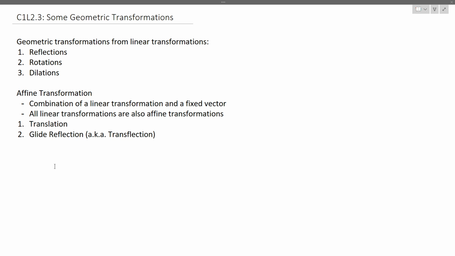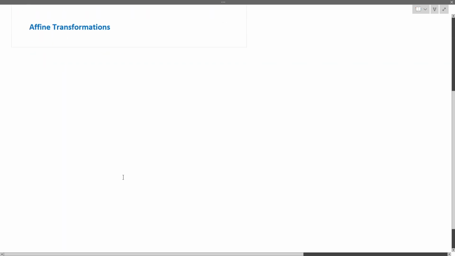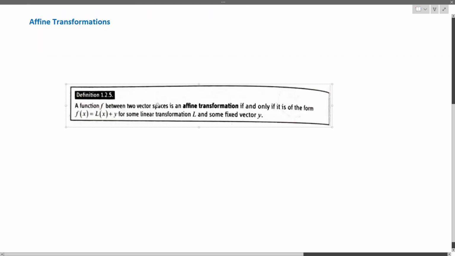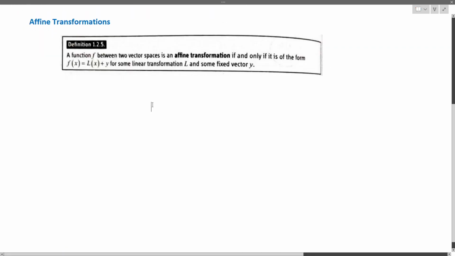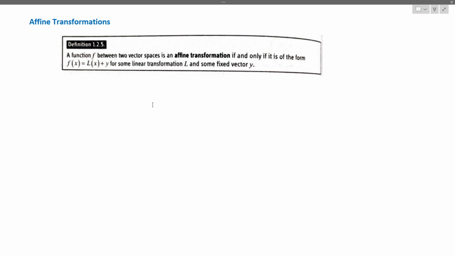And then for its formal definition, an affine transformation can be formally defined as a function between two vector spaces that takes the form f of x is equal to L of x plus y, for some linear transformation L and some fixed vector y. For example, let's have vector b equal to (1, 2), and we are adding it to vector a, which is (5, negative 1).